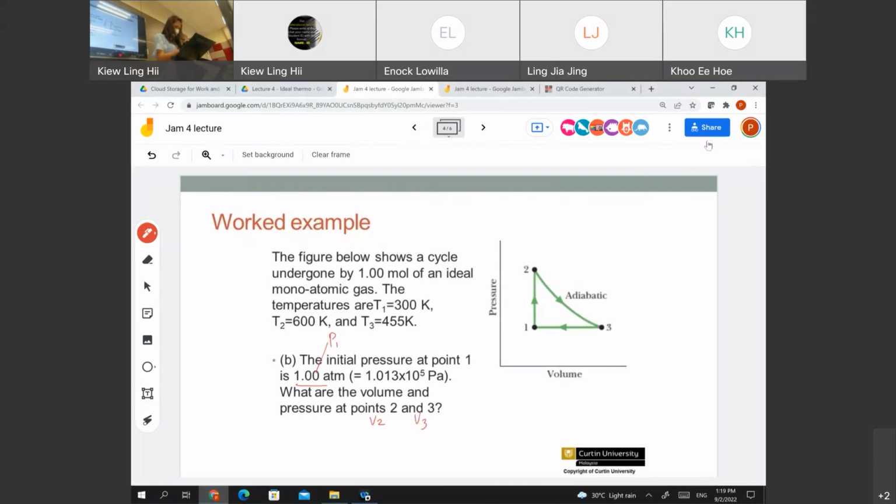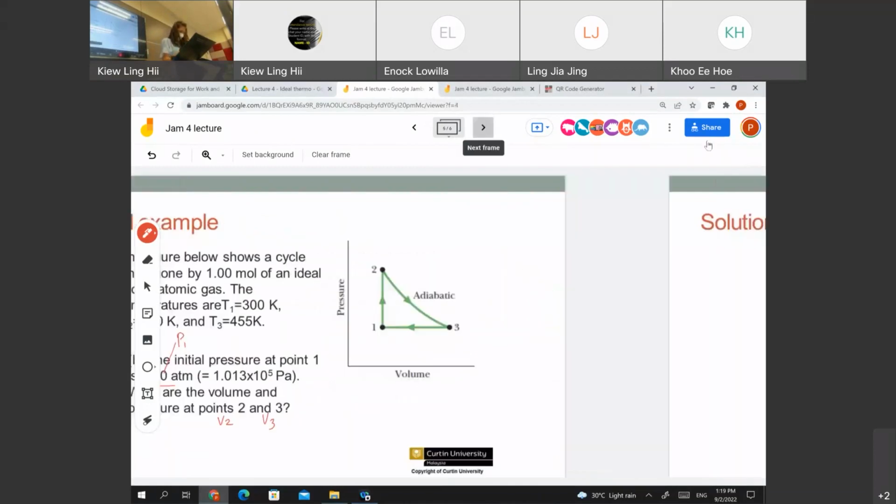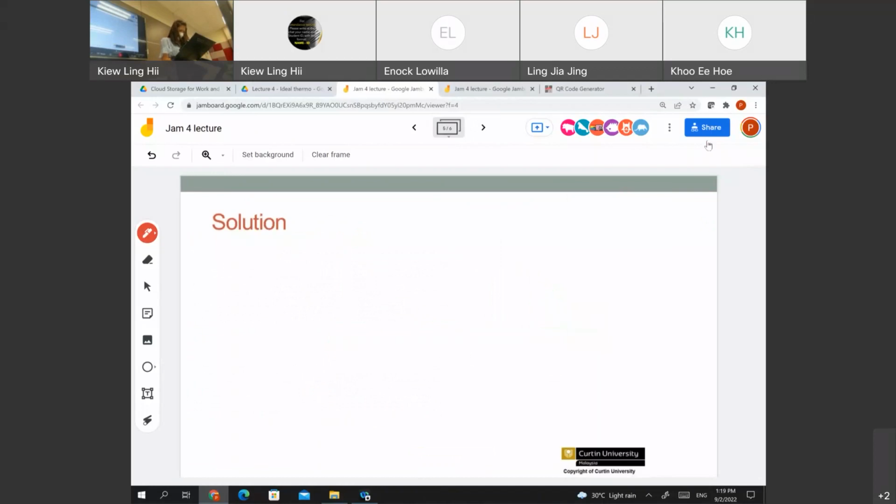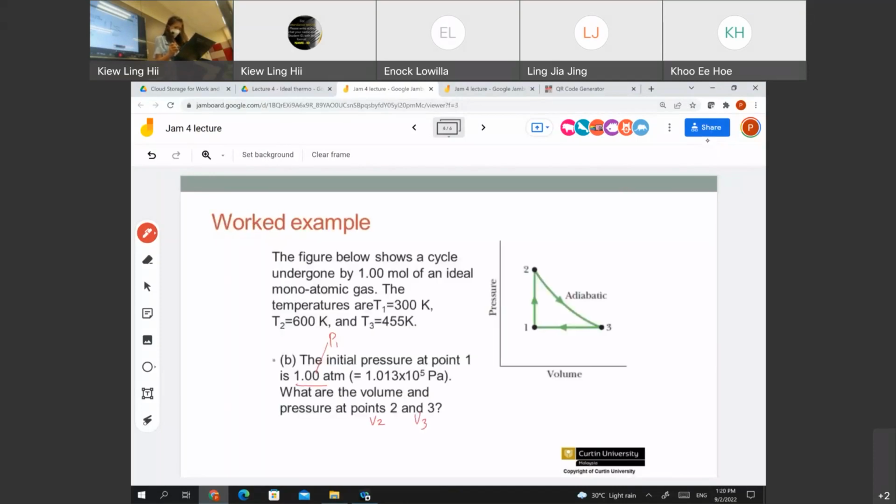There are actually 3 methods for you to solve this. You can use PV equals nRT to solve them one by one, or you could use the ratio to help you.